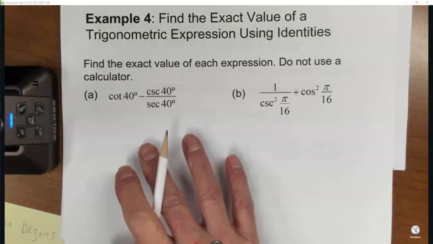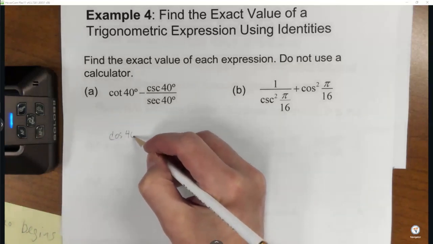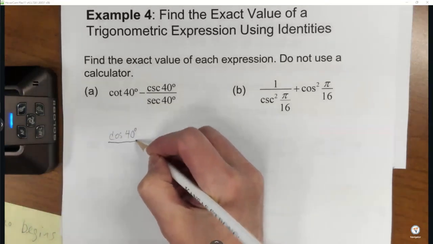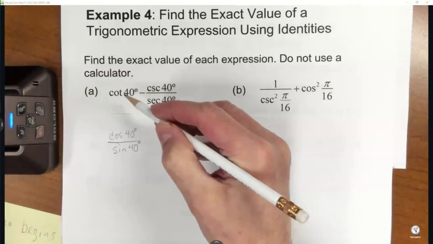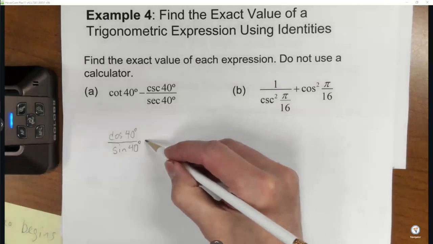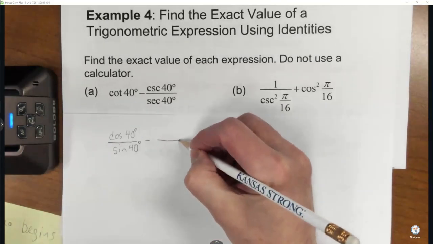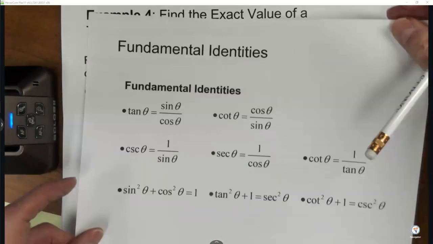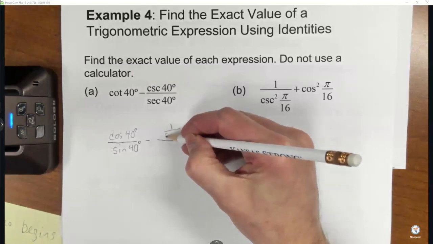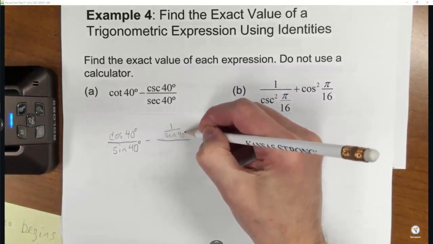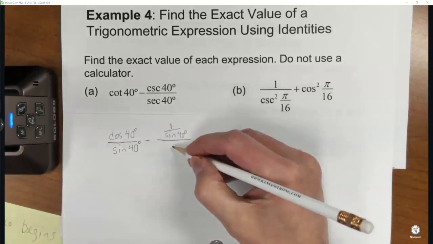So I'm going to change this to the cosine of 40 degrees over the sine of 40 degrees. That takes care of that. And then if I rewrite the cosecant here on top, the cosecant is 1 over the sine. I'm going to have 1 over the sine of 40 degrees. And then on the bottom here, the secant is 1 over the cosine.